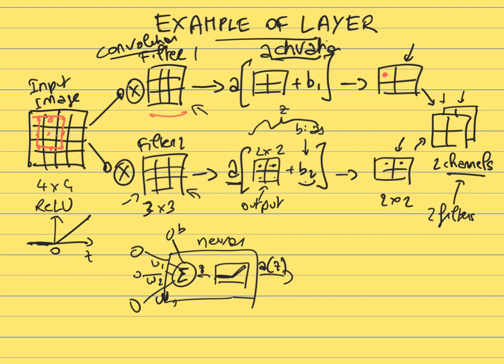And you can have several layers, one after the other like this, where every time you transform the input image into another grid, and this grid is transformed again into another grid, etc. And the more filters you have, the more channels you have at the end of the output grid that you will be generating for each layer of your network.